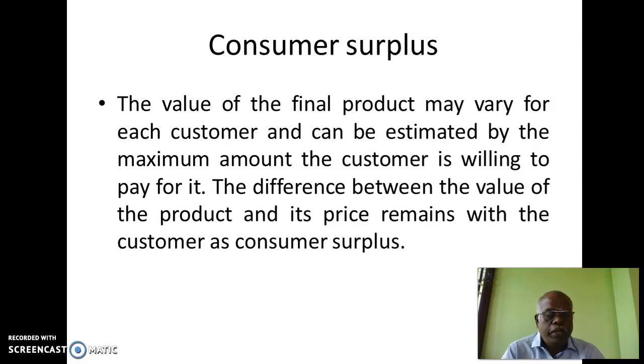But he is able to get the same pen for something like 80 rupees. Then the customer feels happy, because he thought it would be 100 rupees but he got it at a lower cost, 80 rupees. That is called consumer surplus. That means he feels happy that he saved 20 rupees.